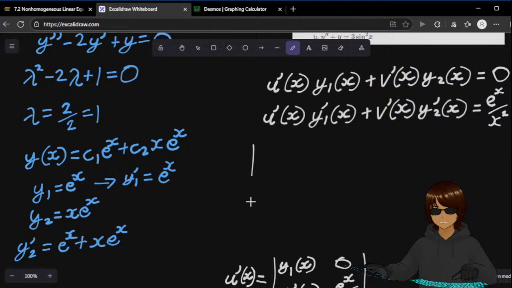Okay, let's try to find the denominator separately. Let's call it D, denominator.